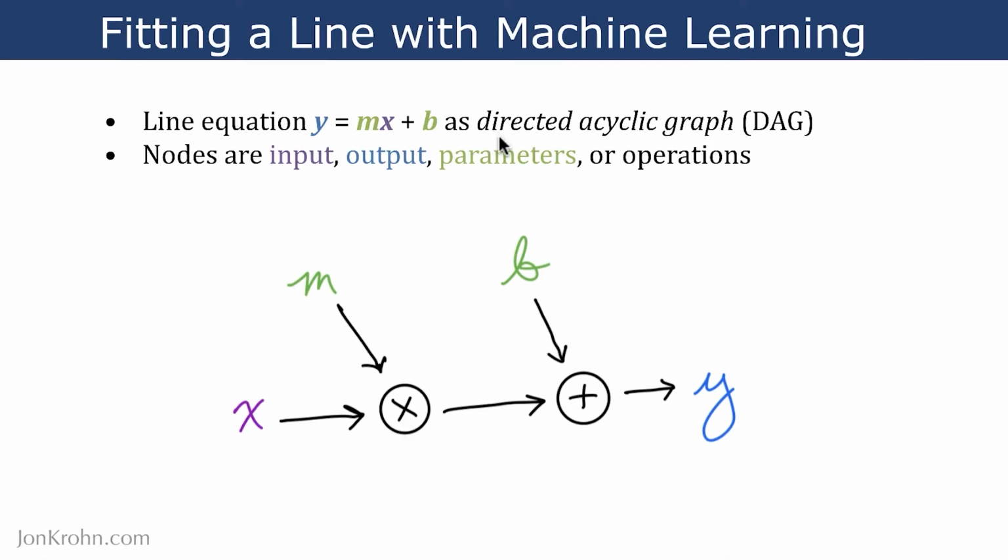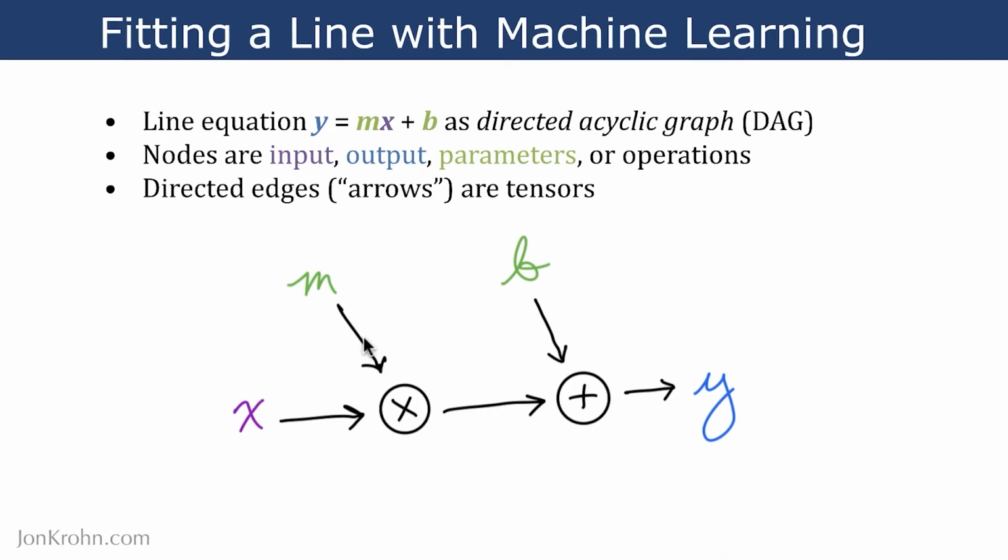Another aspect of a graph in graph theory is that we have edges that connect the nodes. In this case, we have 1, 2, 3, 4, 5 edges. And these are directed edges because they flow in a particular direction. You could have undirected edges, which wouldn't be an arrow at all, or you could also have edges that go in both directions.